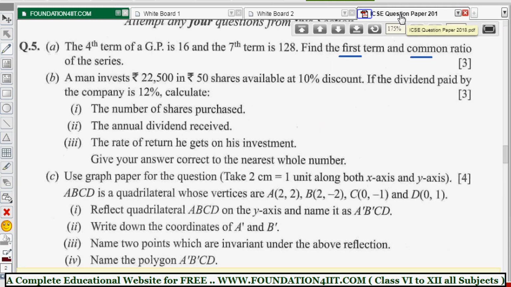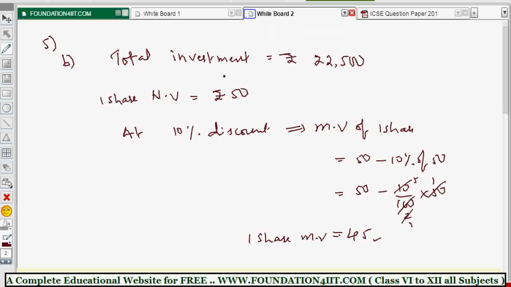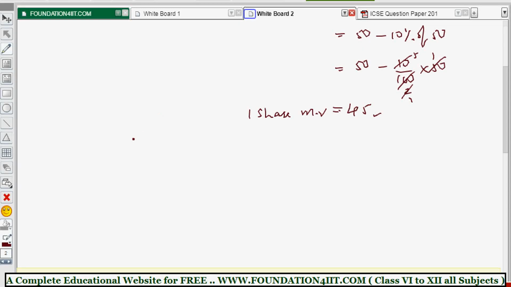Then number of shares purchased, first one. So number of shares is total investment by one share market value. So market value is 45.